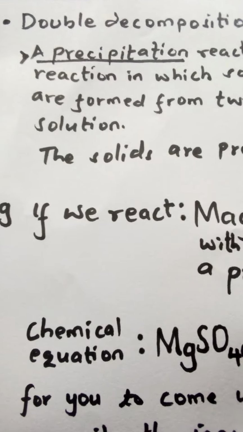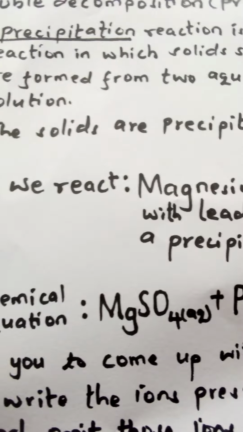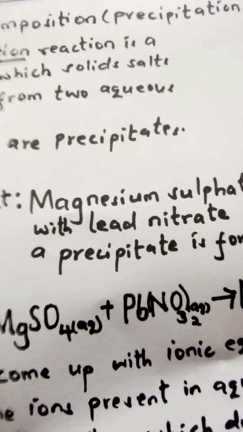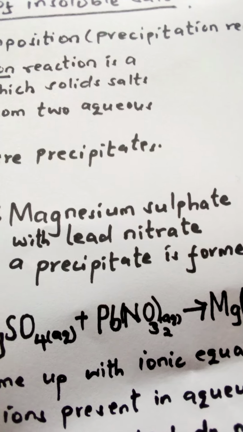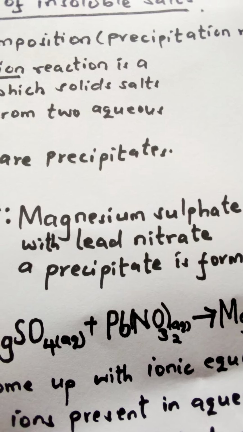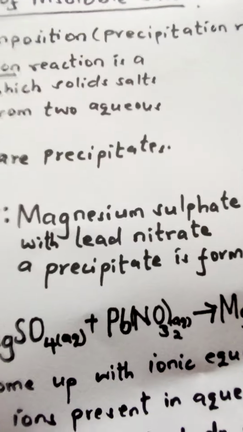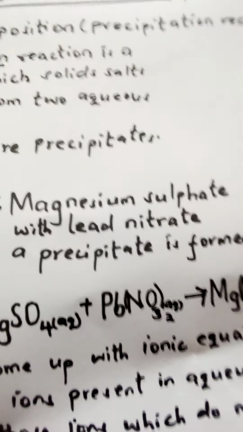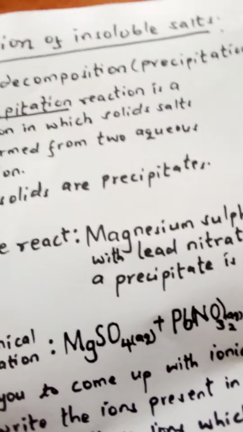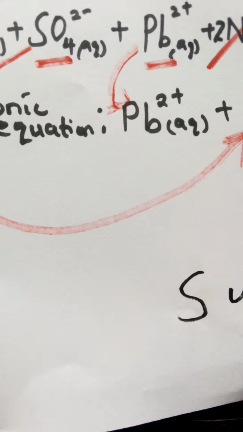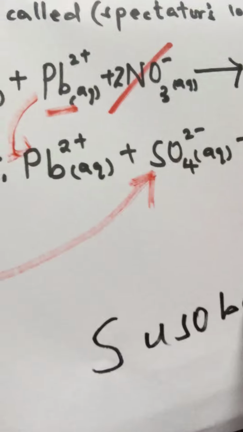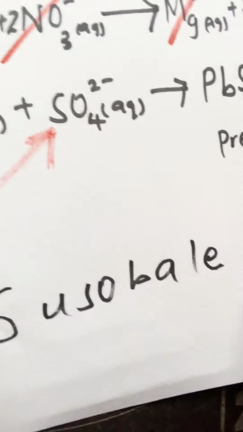Take an example. If we react a solution of magnesium sulfate with a solution of lead nitrate. Magnesium sulfate is a solution because all sulfates are soluble. We remember this with the mnemonic 'Suso Baleka'.